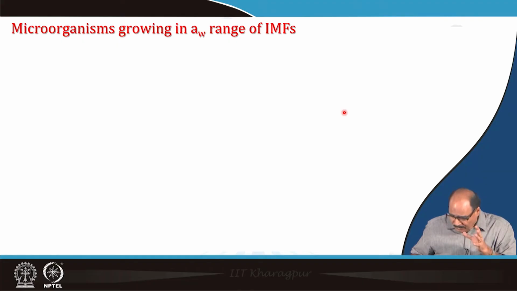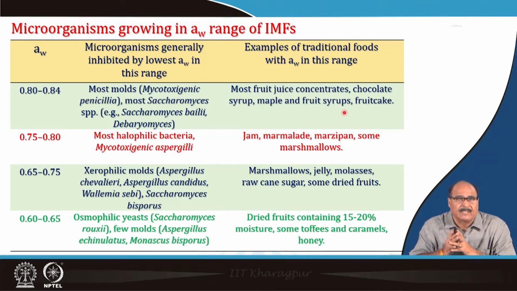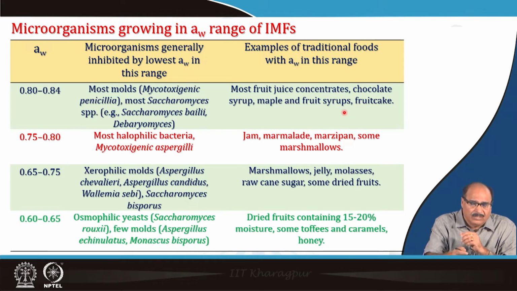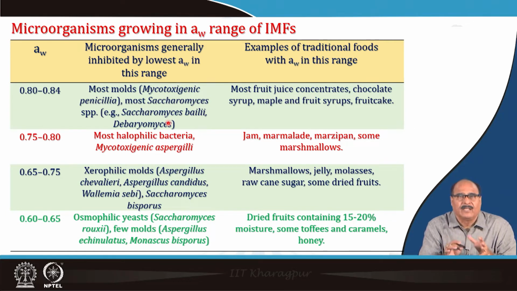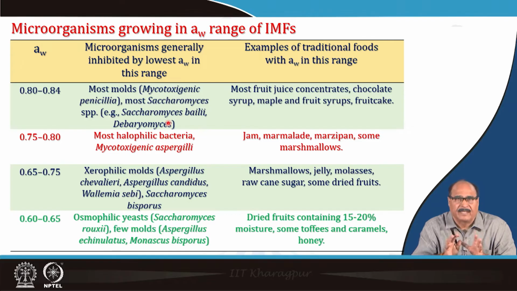The microorganisms are shown in this slide, how different microorganisms are inhibited. Microorganisms are generally inhibited by the lowest water activity, in the range of, for example, 0.8 to 0.84. Most of the molds like penicillia or Saccharomyces species, Debaryomyces etc. get inhibited and cannot grow.